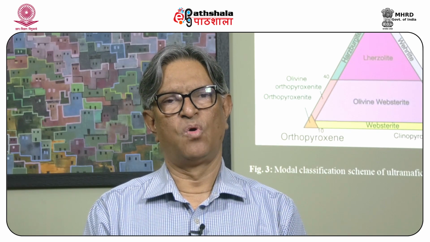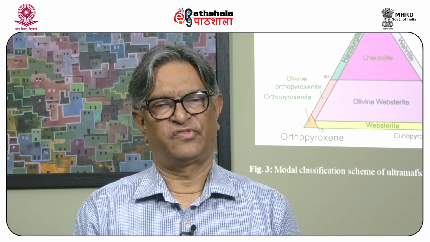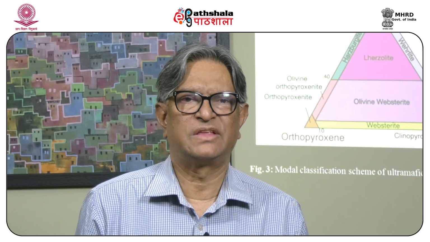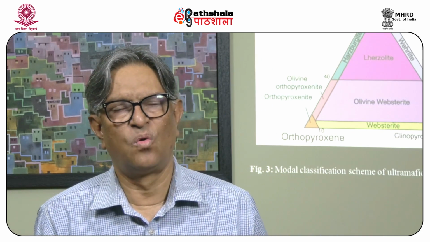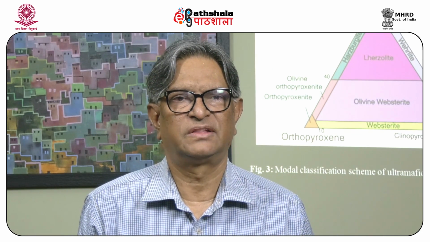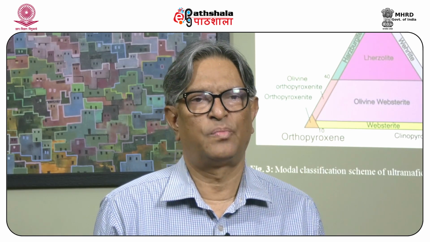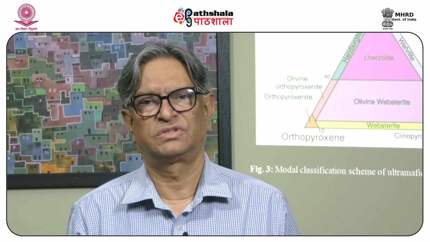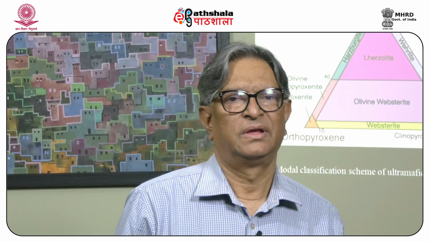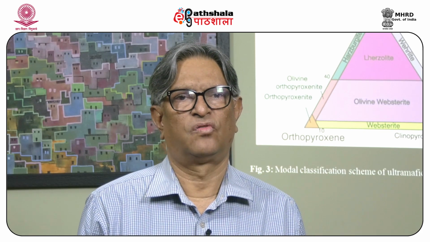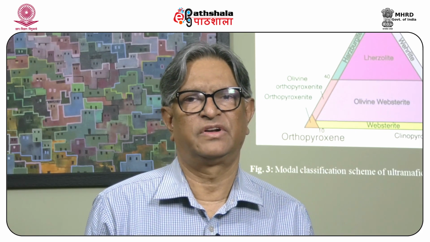So, this is more apt for ultramafic rocks, because ultramafic rocks will not have plagioclase. So, the minerals present will allow you to classify the rocks into dunite, orthopyroxenite or clinopyroxenite. Collectively, they can be known as ultramafic rocks, giving different names.